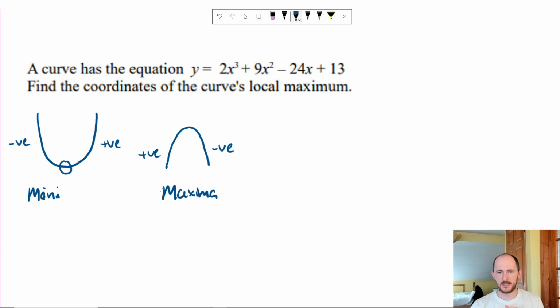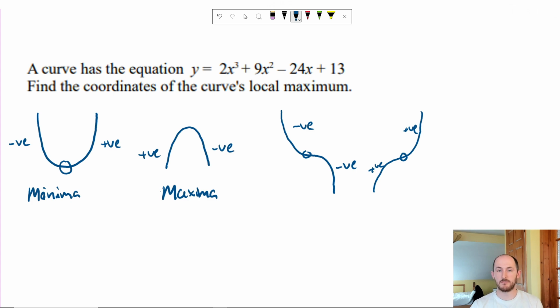So, minima. But there's one other possibility, right? We've gone from negative to positive, positive to negative. But what if it goes from negative to negative or positive to positive? What if it stays the same? So something that either looks like this, or where if we look at the point in the middle, it's negative to negative or positive to positive.